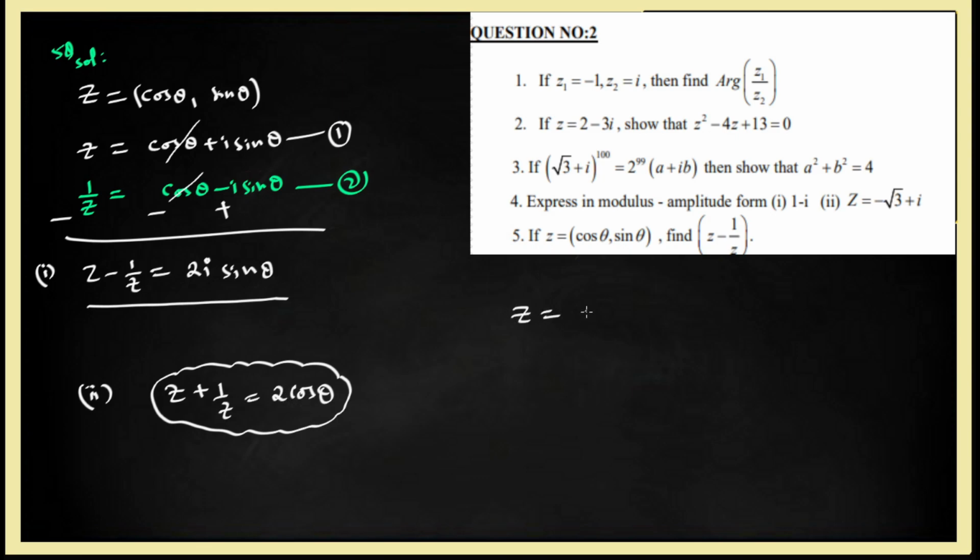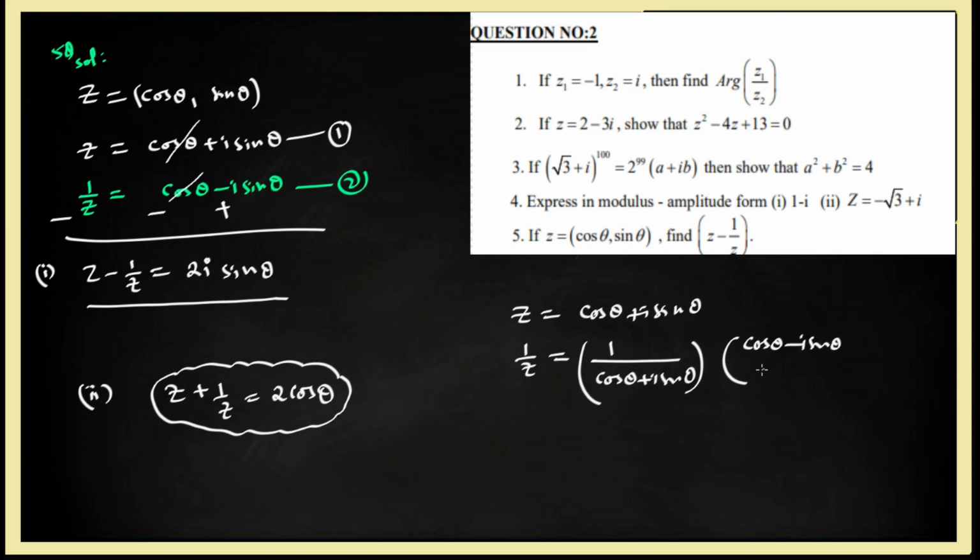If z equals cos theta plus i sin theta, then 1 by z is 1 by cos theta plus i sin theta. If you rationalize this, multiply and divide with cos theta minus i sin theta. The numerator becomes cos theta minus i sin theta, but the denominator, which is in the form of a plus b into a minus b, is a square plus b square.